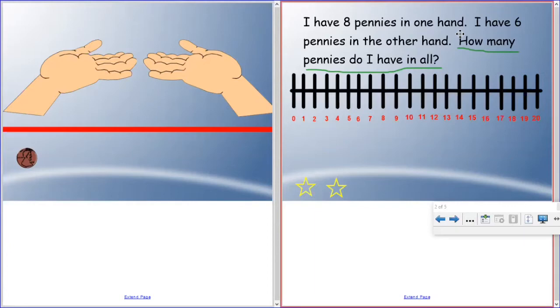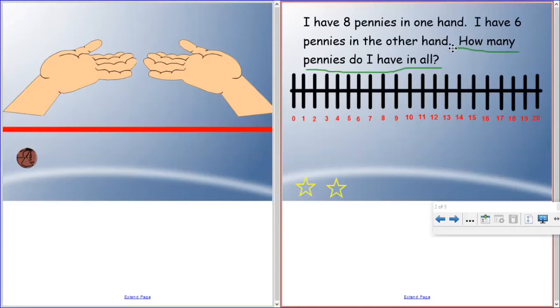In my mind, I can see my hand, and in my hand, I see 8 pennies that I'm holding. The next sentence says, I have 6 pennies in the other hand. In my mind, I see my other hand, I'm holding it out. And in that hand, I've got 6 pennies that I'm holding.